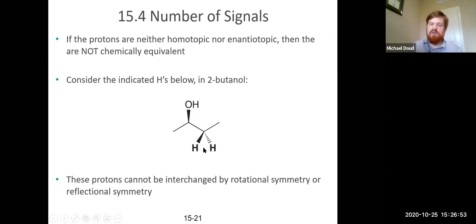In this case, we have a set of two protons, exactly what I told you, and we have a chiral center in this 2-butanol. When we replace either of these protons with a deuterium, we're going to get different stereoisomers or diastereomers. So that means they're diastereotopic, and they're going to give us a different set of signals.